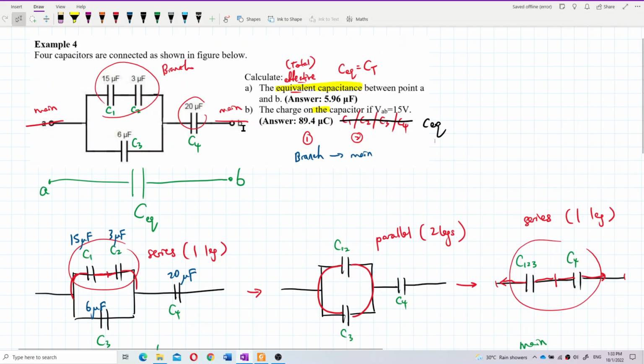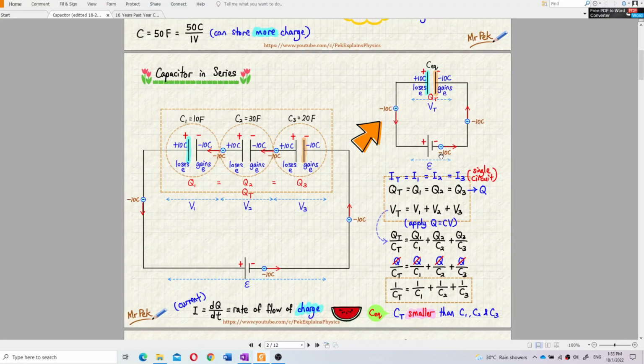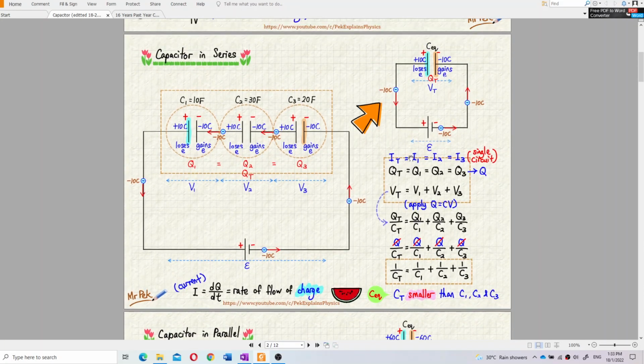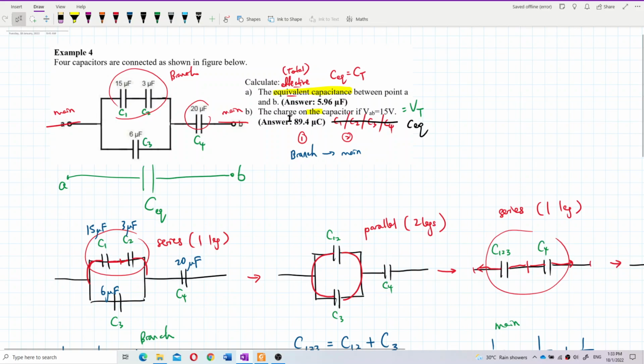If VAB is 15 volt, VAB is actually the V total. From here we can see AB is the main circuit, so VAB is the V total. How to find the charge on the equivalent capacitor?